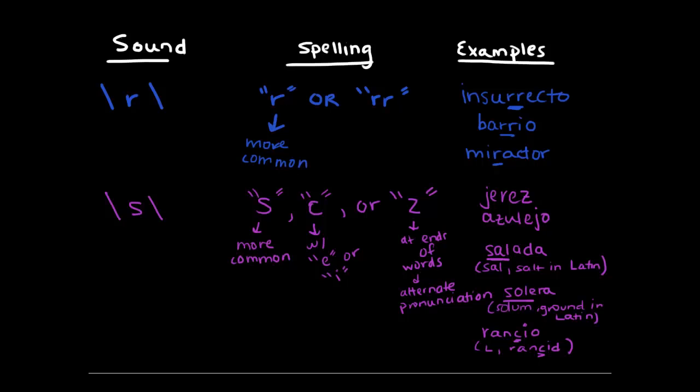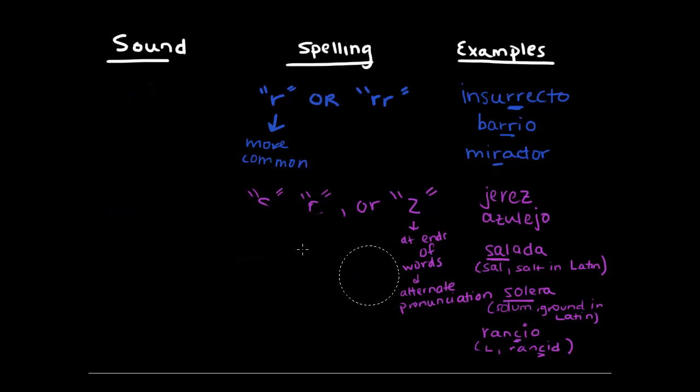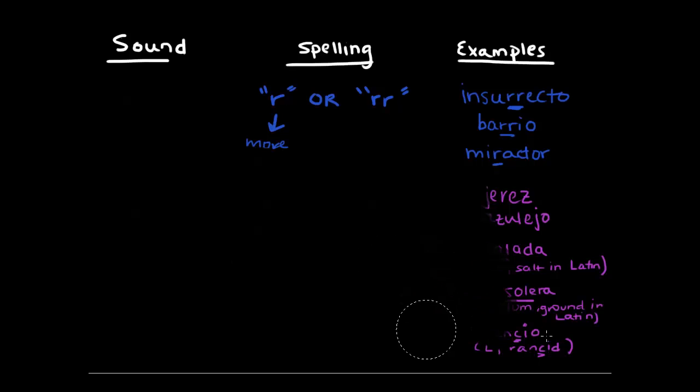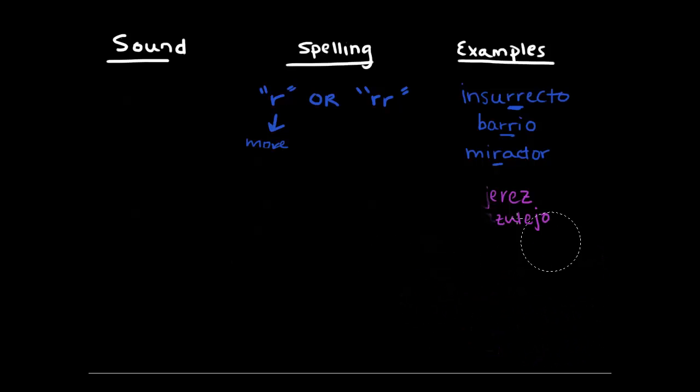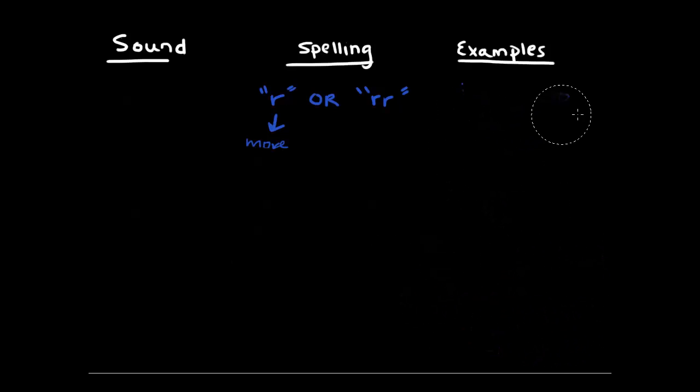Let's move on to the next consonant sound, which is cha. Okay, so the sound is ch, and the spelling is ch. This is very, very common in Spanish.